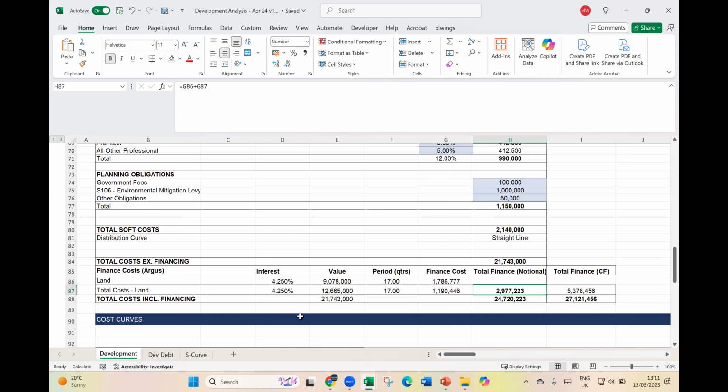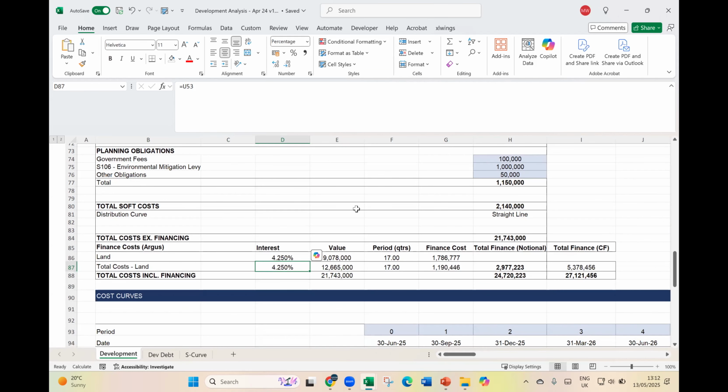And then some people even use the interest as the yields. So if you're doing this analysis, either doing the valuation or instructing valuers to do it, you need to look at this interest cost with a pinch of salt because this might not be the actual cost of finance.